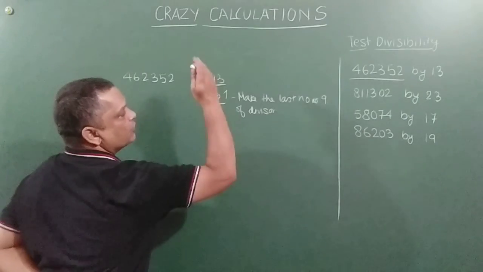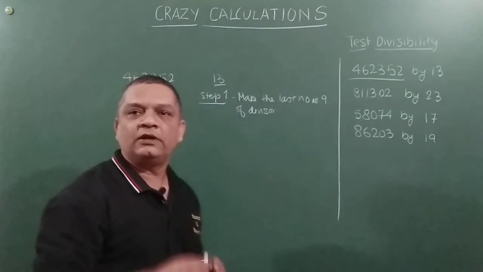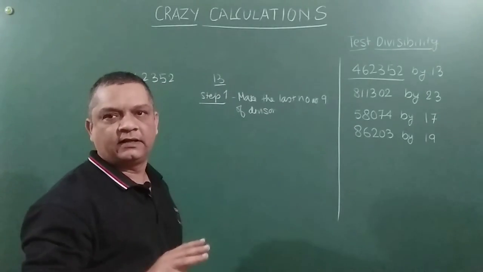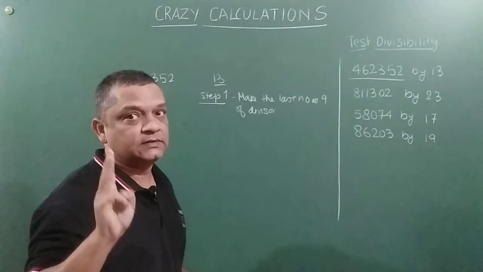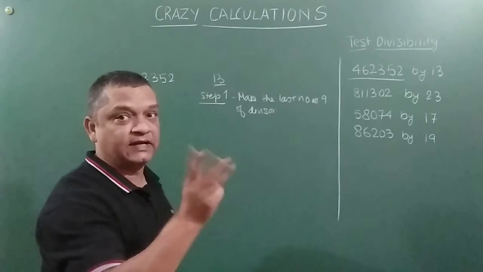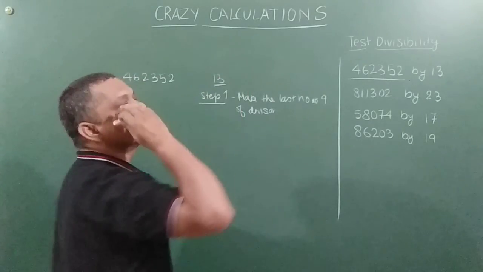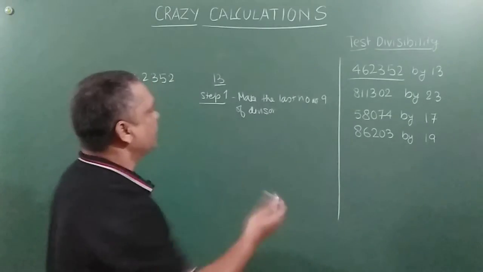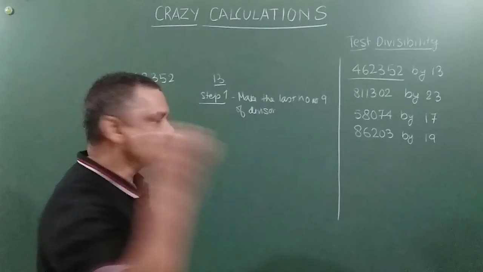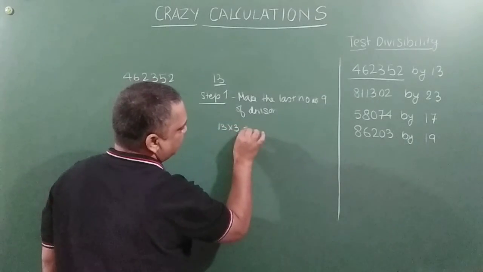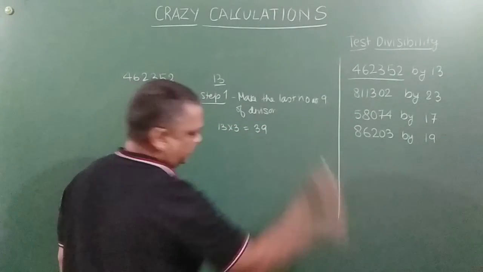See, if I want to make 3 as 9, the only option with me is to multiply it by 3. We don't have to add here, please. We cannot add 6 and make it 19. I have to multiply this number by a certain natural number and make the last digit 9. So 13 into 3 is equal to 39.